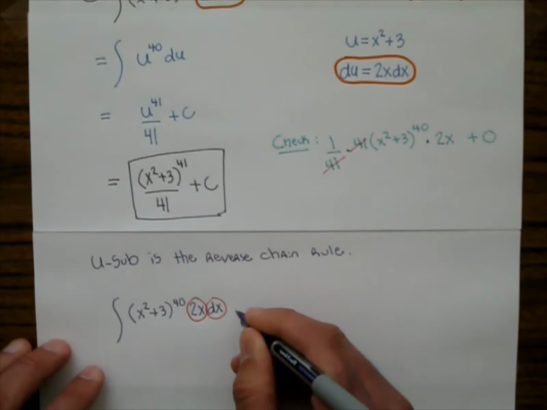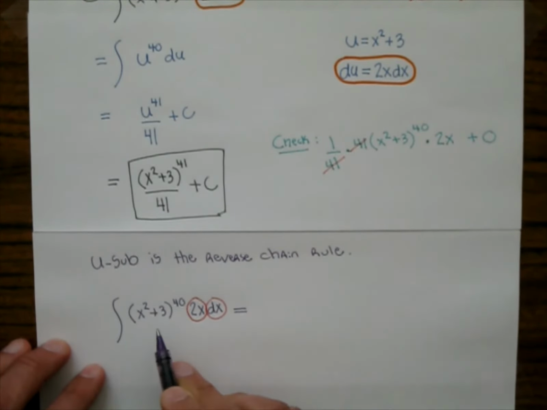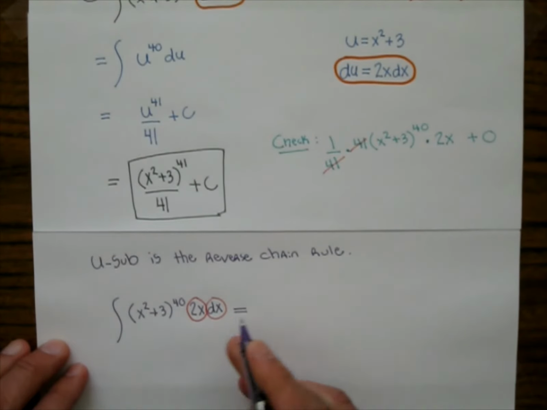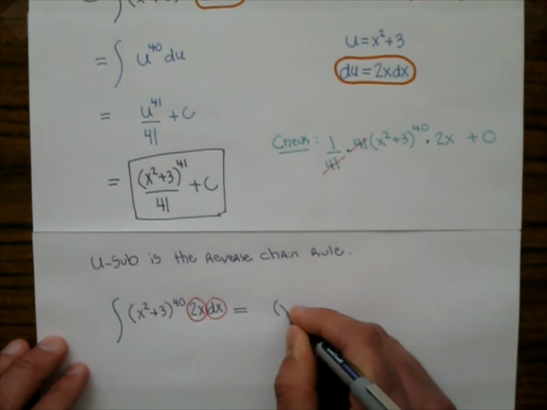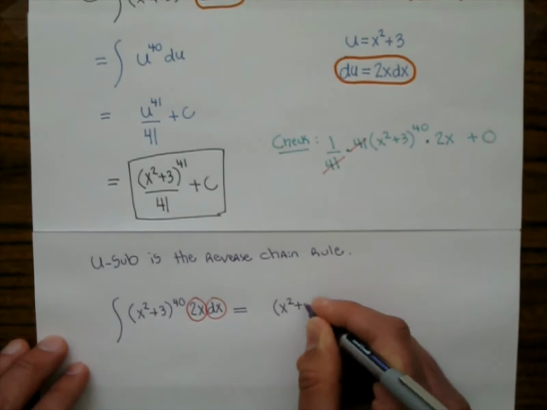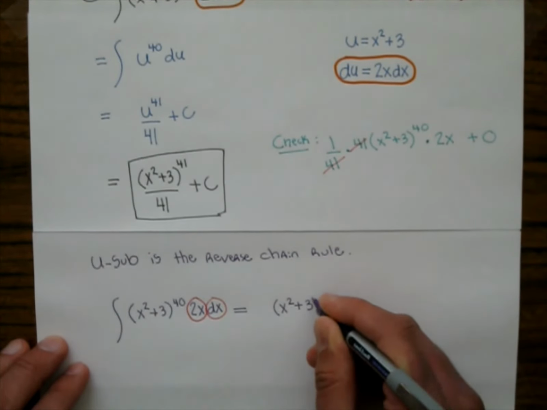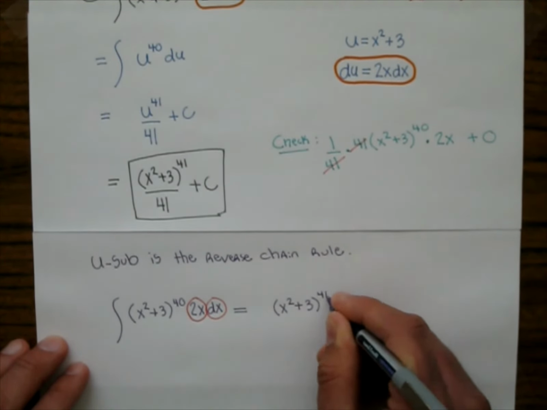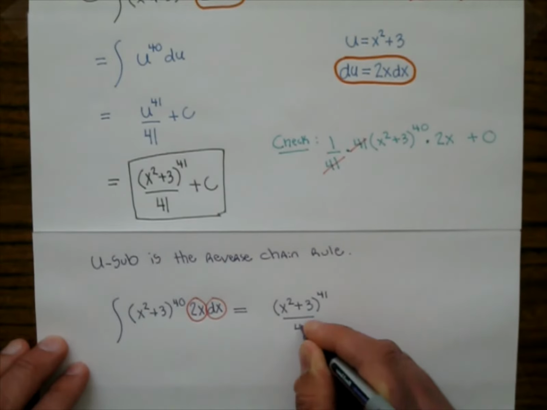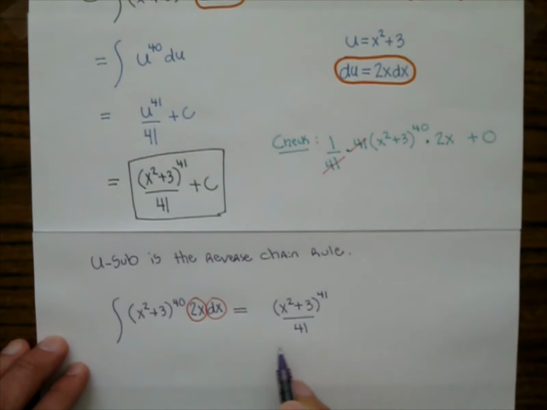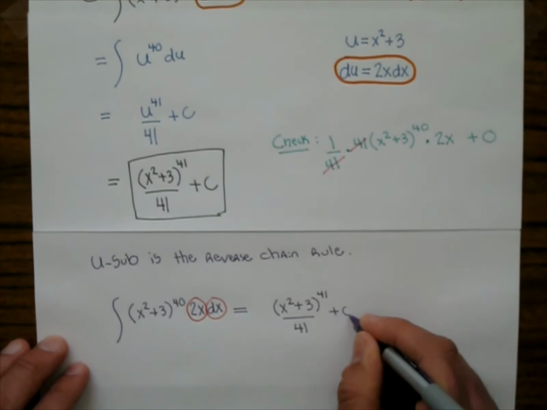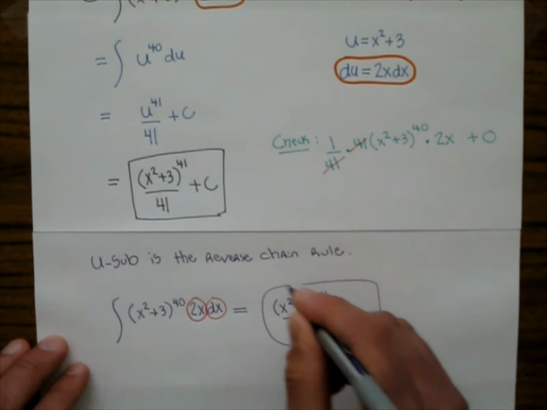That's going to disappear, and I'm going to say, how do I take the antiderivative of something to the 40th power? It is something to the 41st power all over 41. That's going to disappear because this is the reverse chain rule. There's the answer.